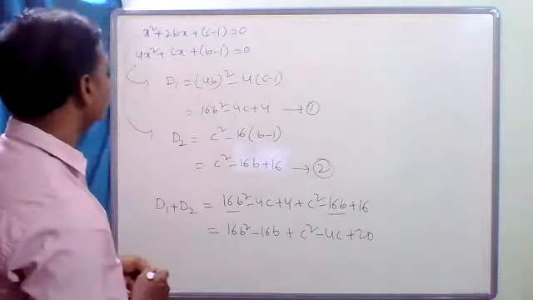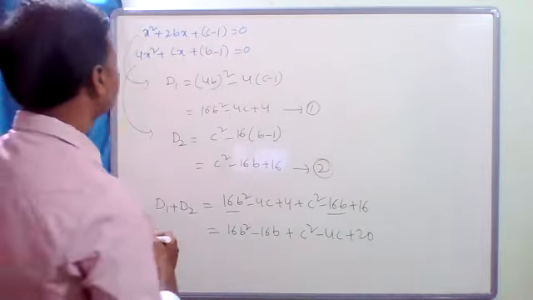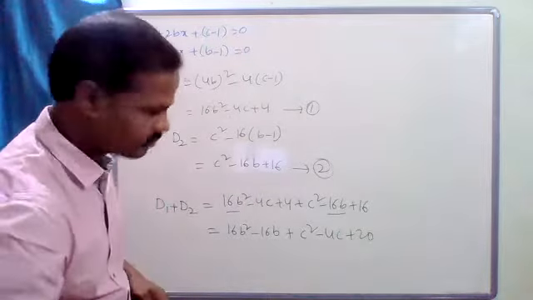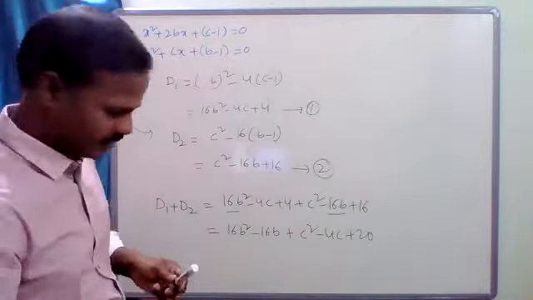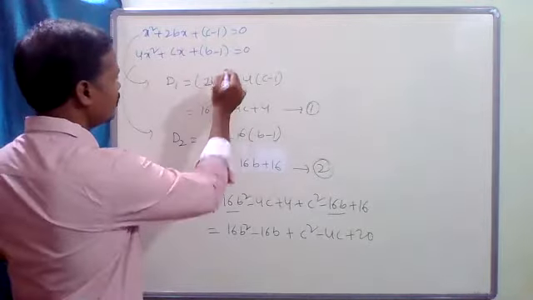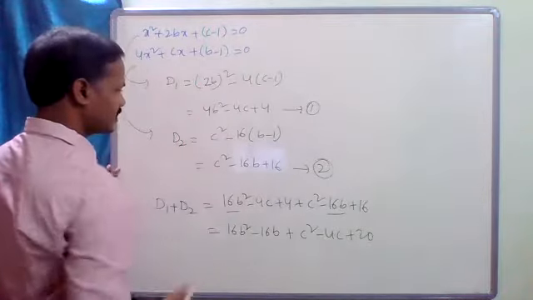For b square, this one is (2b) whole square, not (4b) whole square. (2b) whole square, which is 4b square.